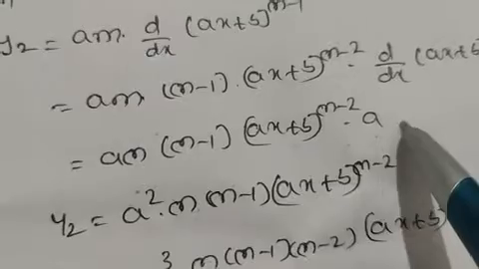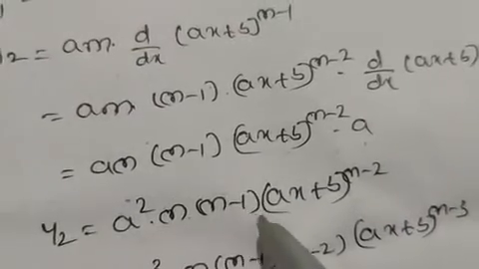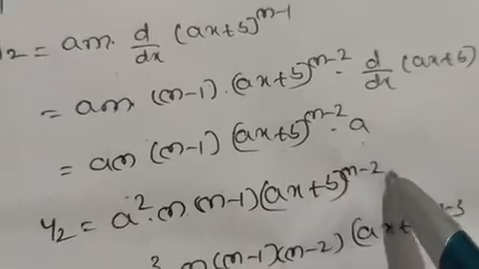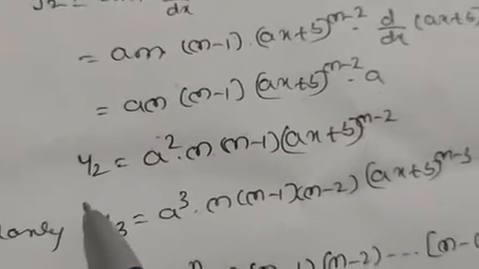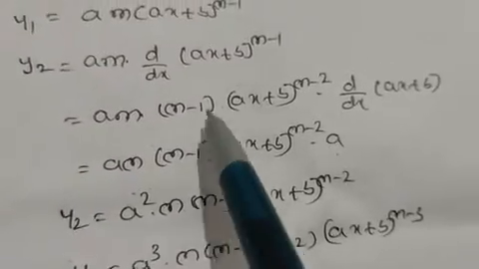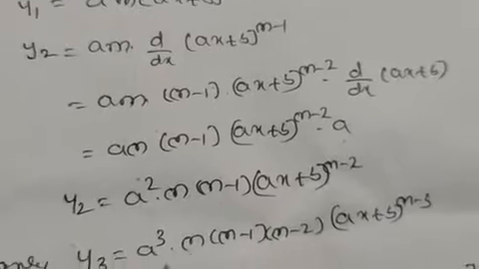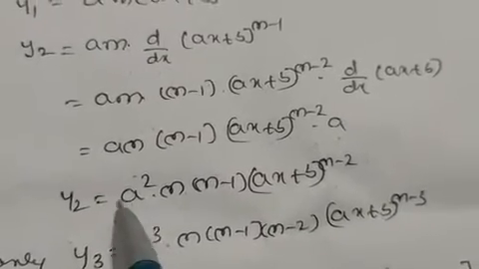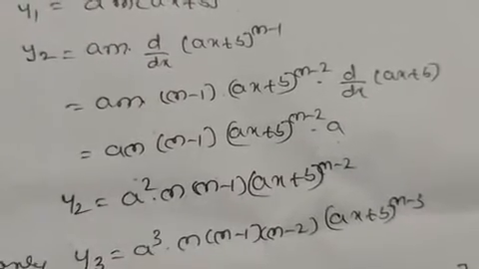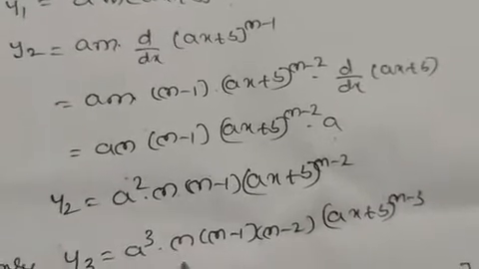So we can simplify this. This a into a is a square, m into m minus 1 into ax plus b raised to m minus 2. And we can write this third derivative by observing these y1 and y2. In y2 we have a square, y3 is a cube. And in y2 we have m into m minus 1, 2 terms. Here it is 3 terms.